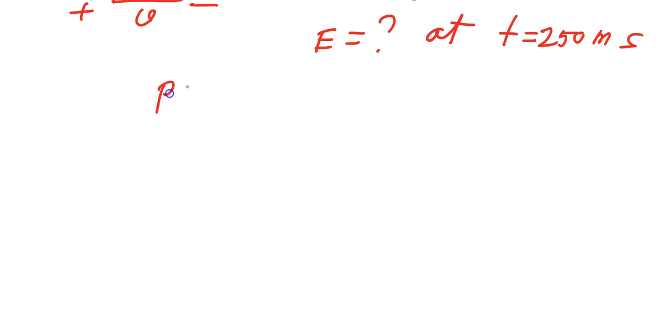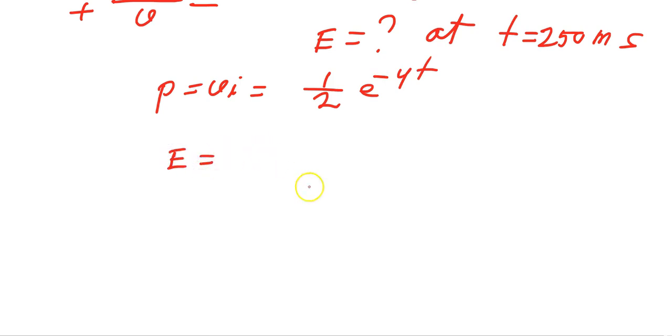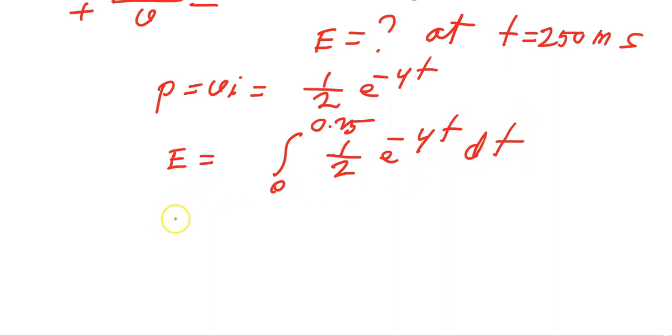Let us calculate. We know that power is equal to v × i. So 3e^-2t and (1/6)e^-2t. When you multiply both together, you will have (1/2)e^-4t. So the energy E, and this voltage and current start from 0. So 0 to the final time, 0.25 second because 250 millisecond, of (1/2)e^-4t dt.